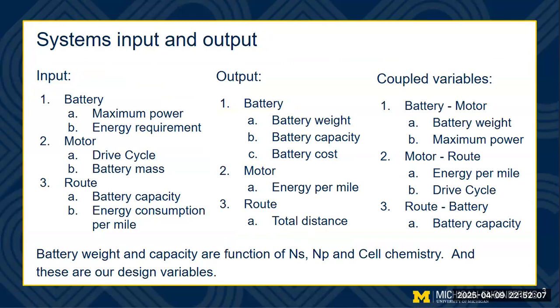Our coupled variables are battery weight and maximum power for battery and motor, energy per mile and drive cycle for motor and route, and lastly, battery capacity for route and battery. Our design variables for the optimization are NS, NP, and cell chemistry, which will directly influence battery weight and capacity. Next slide.